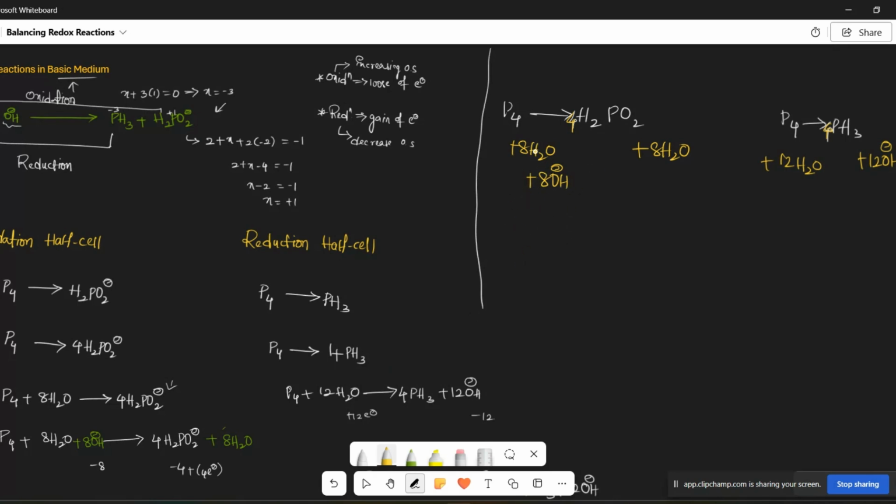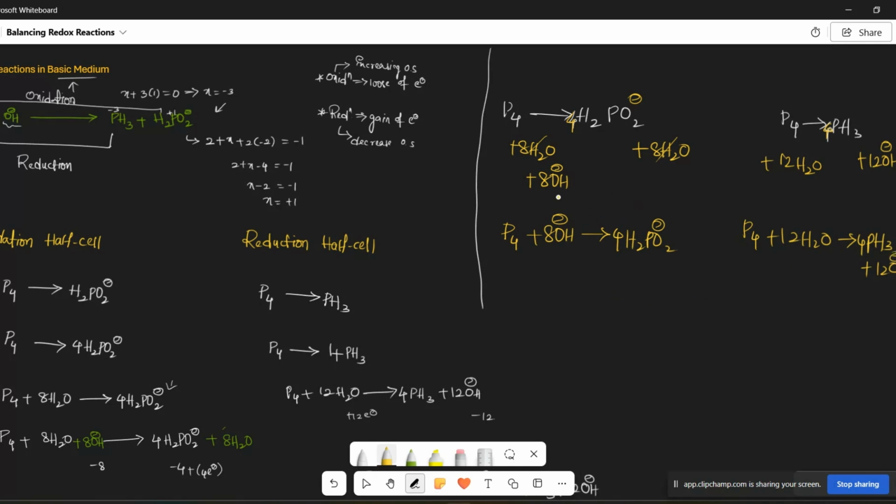So what you'll get, this will get cancelled out, and you can just rewrite the equation once, whatever you have, and 4 H2PO2, sorry, this is negative. And here P4 plus 12 H2O gives 4 PH3 plus 12 OH negative.